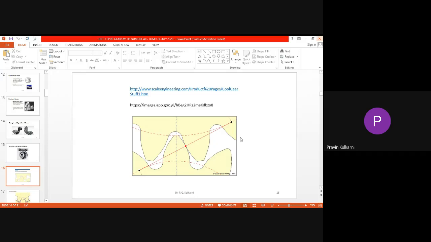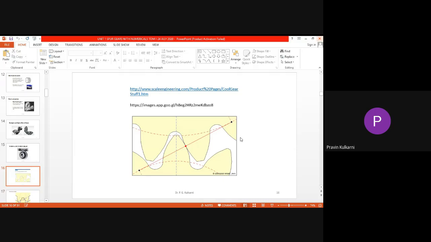In case of involute gears, length of path of contact is a straight line. Angle made by the pressure line in case of spur gears is constant. In case of cycloidal gears, the pressure line changes the inclination.